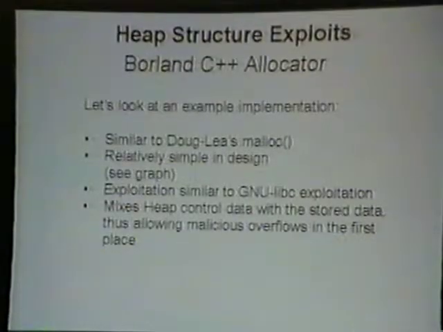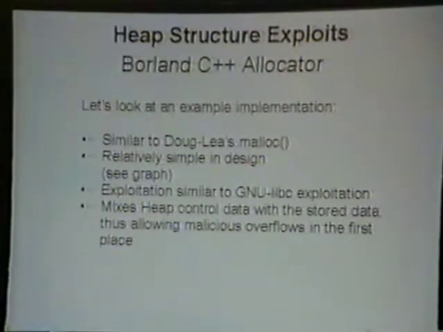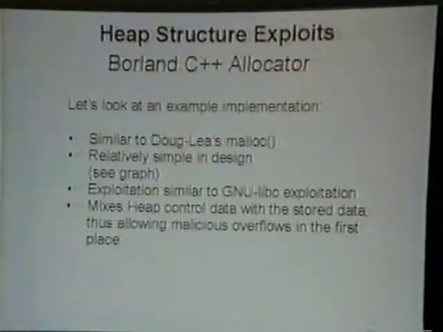Back to the slides. The exploitation of Borland C++ is very similar to the methods you use when you exploit a GNU libc overflow. And like most heap implementations, it mixes control structures with actual data in the allocated heap segments. For example, the FreeBSD or OpenBSD, I don't know, allocator doesn't store the control structures in the same place the memory is being taken from.